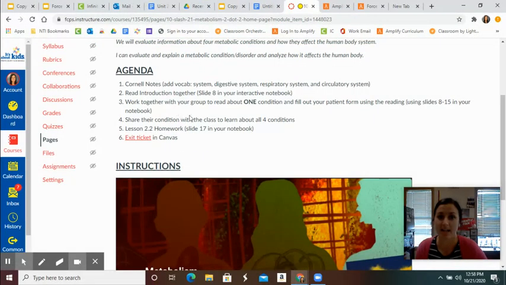The next thing is an activity we did as a group. We read the introduction together, and all of this is in your notebook. Then I separated everybody into 4 groups because there are 4 different medical conditions, and they went into breakout rooms and worked together on their assigned condition to become an expert.